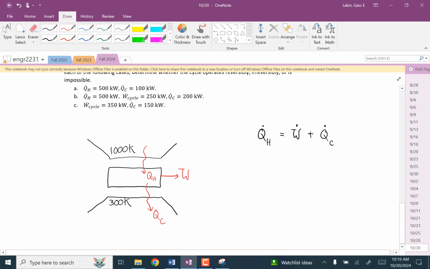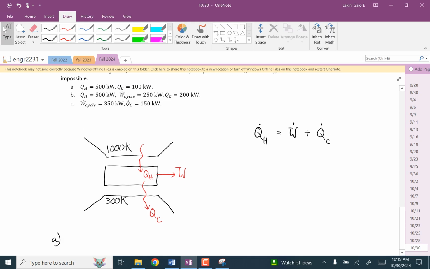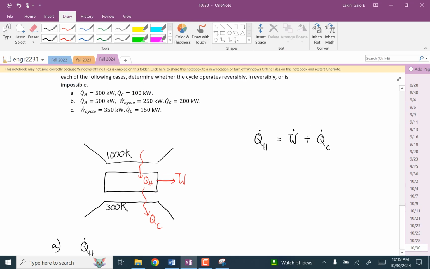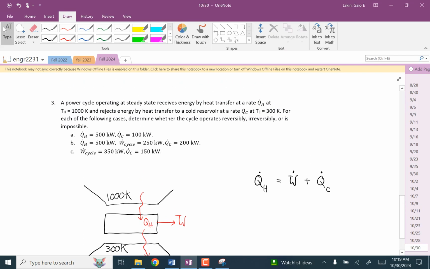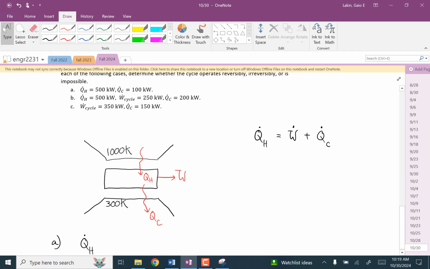And we're really doing the same thing we were in number 2. So first, we can check the first law. So QH dot. Okay, all this gives is, we don't have any information where we can check the first law.